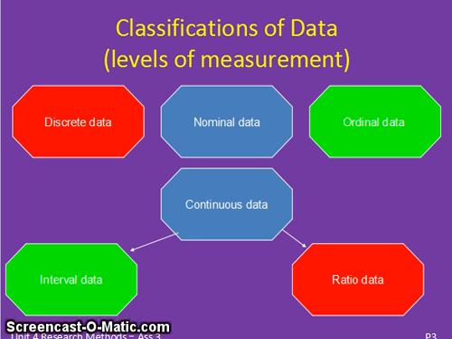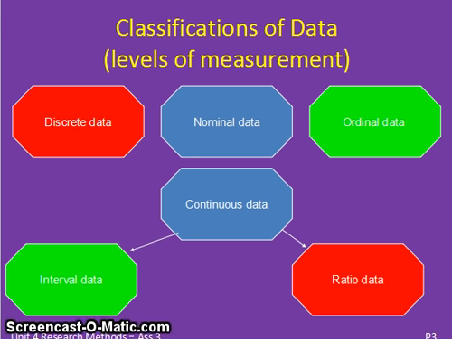Discrete data is very simplistic and non-numerical. It's sort of yes, no answers, male or female, that kind of question. Nominal data is categorical data. It's less informative and can be provided in a frequency or tally chart.